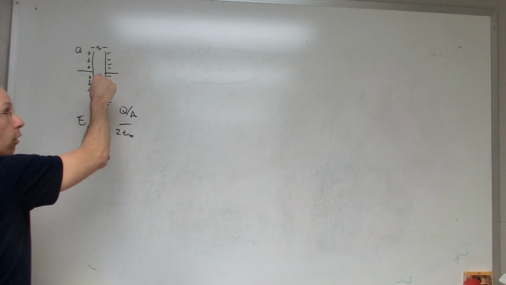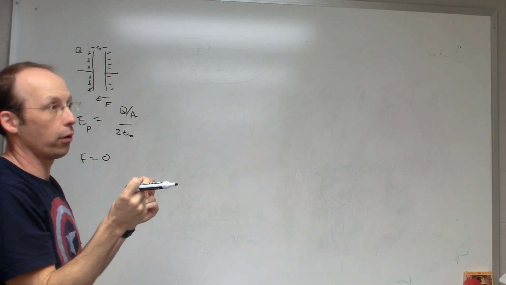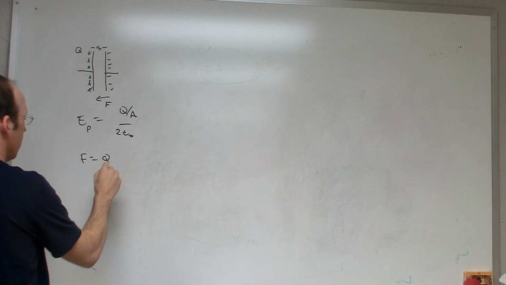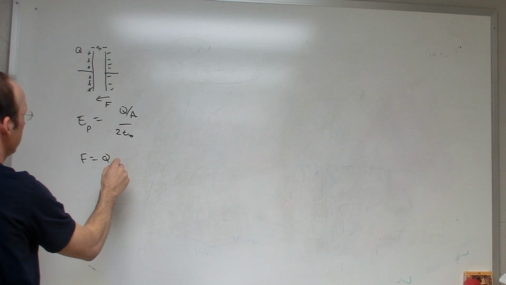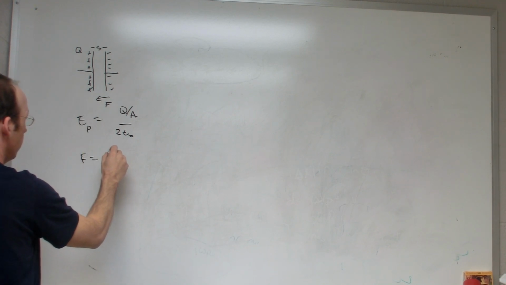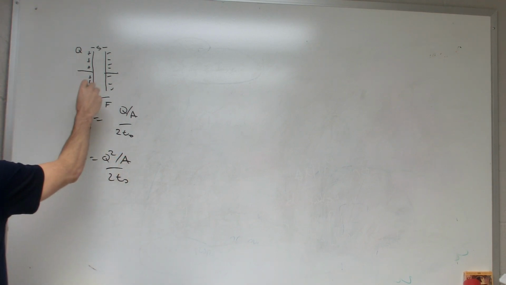If you break this into a whole bunch of little point charges, they all have the same force on them because it's a constant electric field. So F equals Q of that plate times the electric field of this plate. So you get Q squared over A over 2 epsilon naught. That's the force on that other plate.